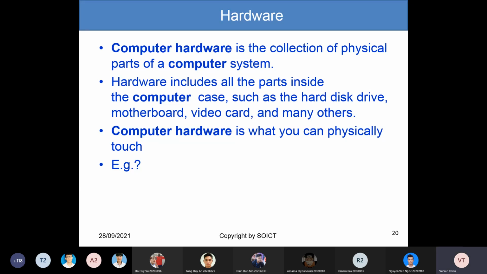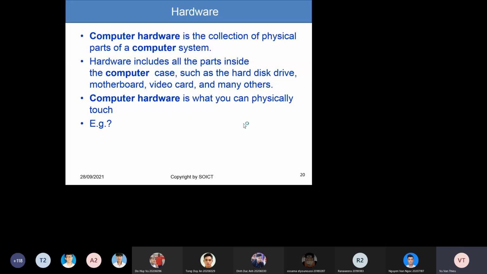So can someone give an example of computer hardware? Can someone give us some examples of computer hardware?